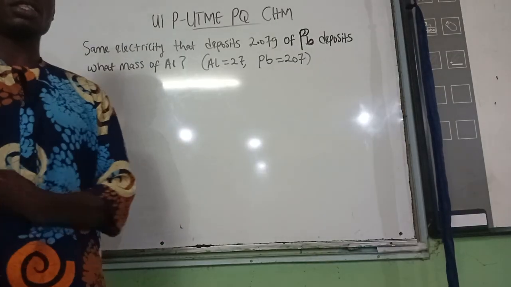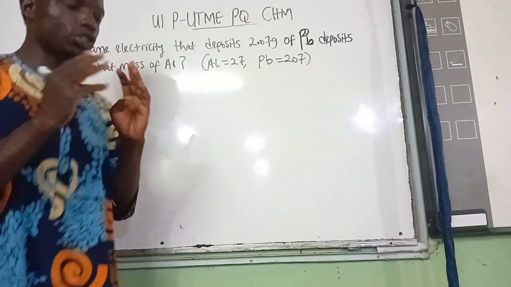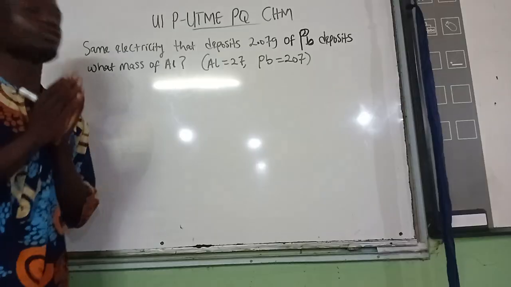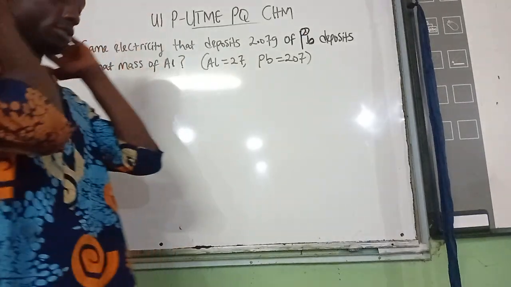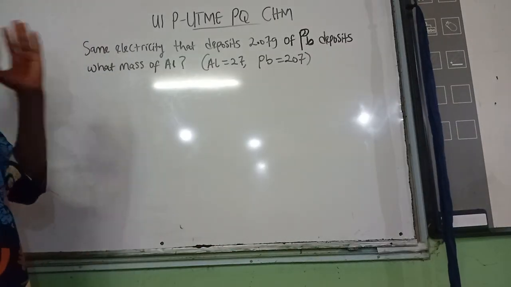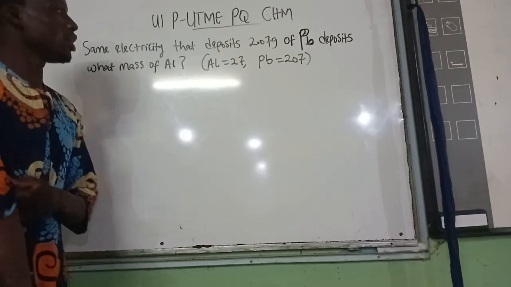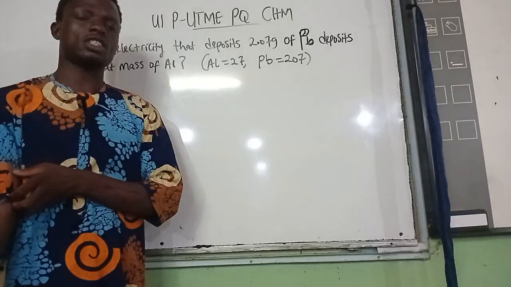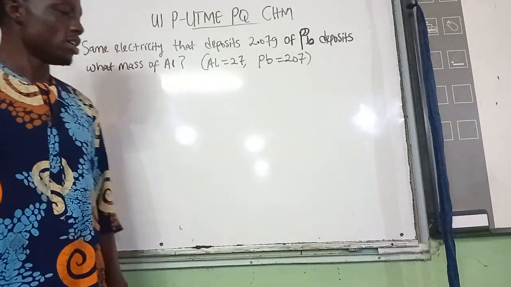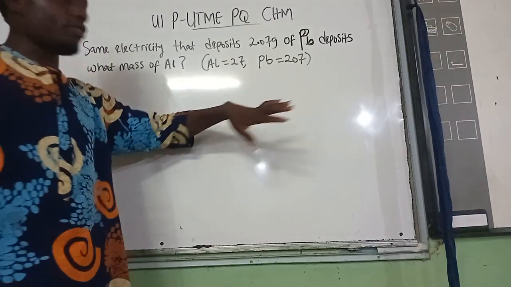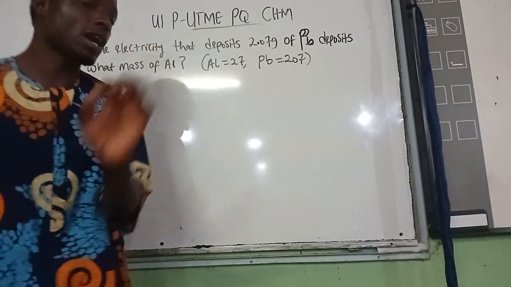We can solve this in two ways. One uses the number of moles, but I want to follow the one that goes directly with the definition of Faraday's second law of electrolysis. Faraday's second law of electrolysis says that when the same quantity of electricity is passed through different solutions of electrolytes, the mass of elements liberated or deposited are directly proportional to their chemical equivalent.